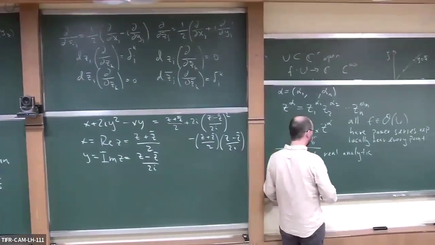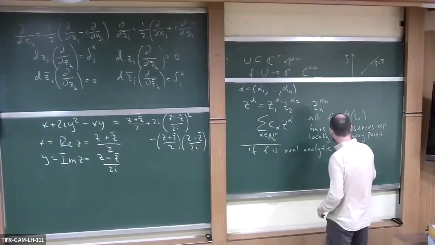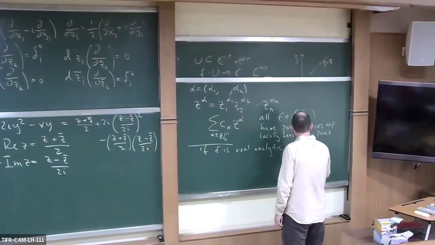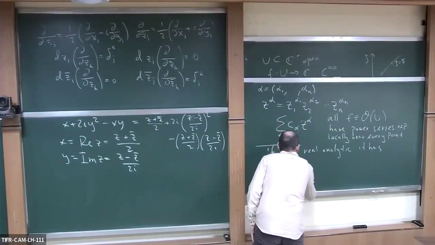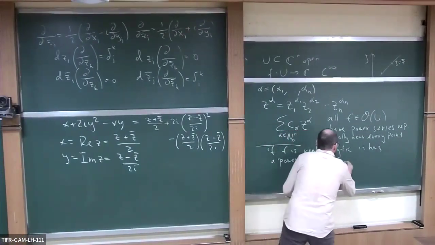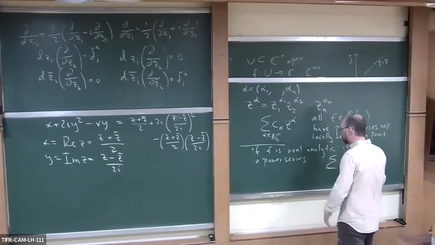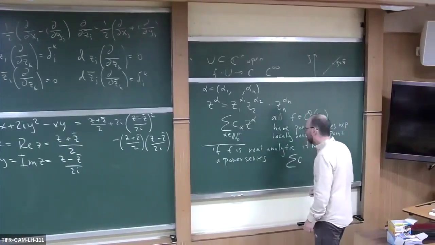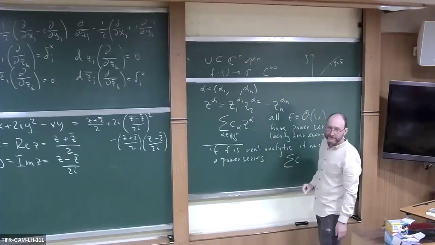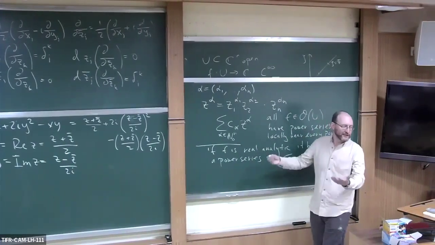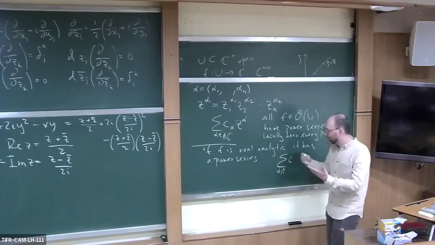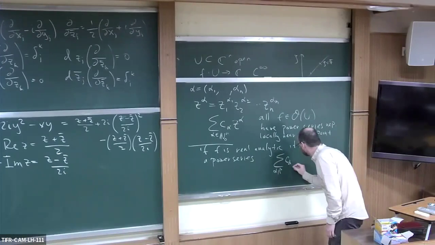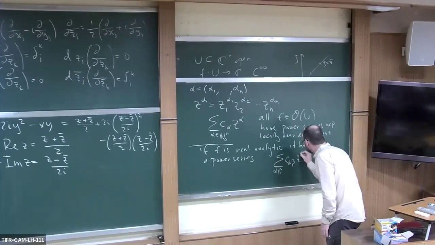So we write it like this: if f is real analytic, it has a power series near every point, and now there are two multi-indices, alpha and beta, and we sum over all of them, with Z to the alpha and Z bar to the beta.